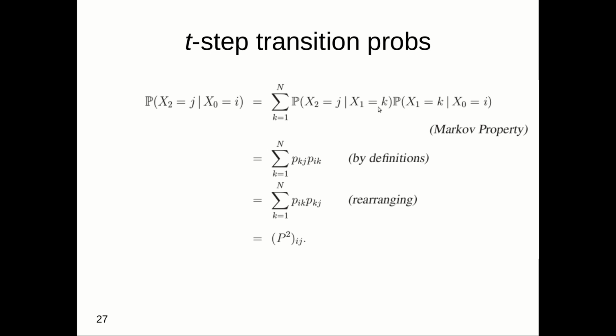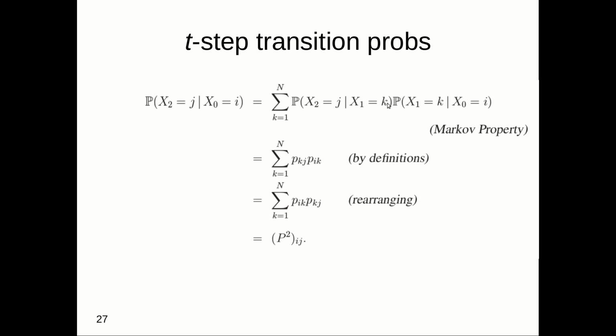Because for getting to state j at time 2, we must have gone from state i to state k in one time step, and then from state k to state j in another time step. The reason we are using this variable k here is that we need to consider all possible paths through our Markov diagram that can take us from state i to state j.